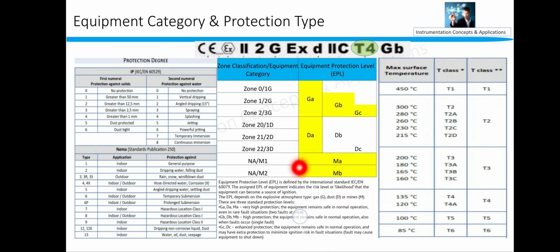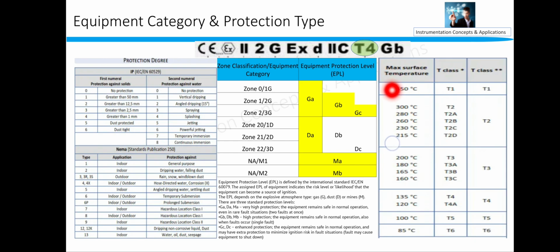And coming to the EPL, GB, you can see what the EPL is. This GB tells you the equipment protection level. The EPL is defined by the international standard IEC 60079.